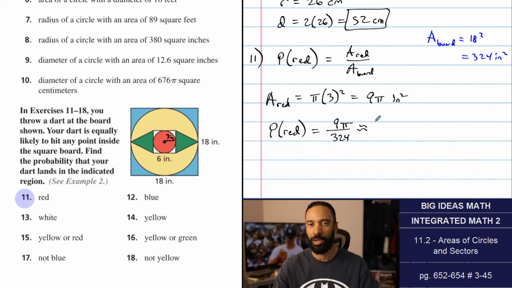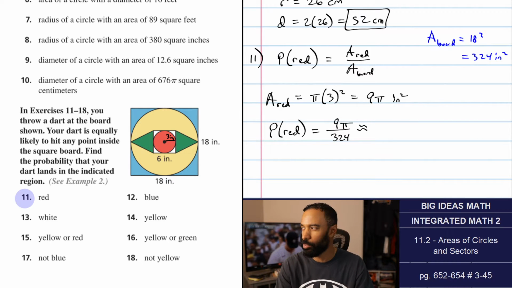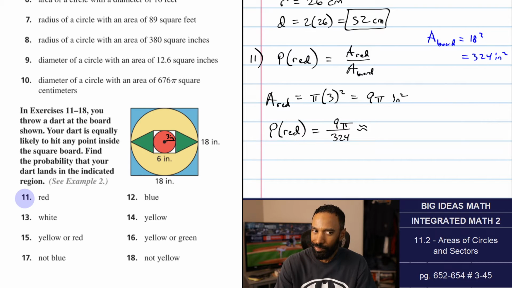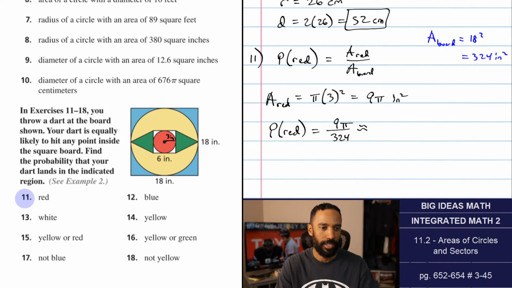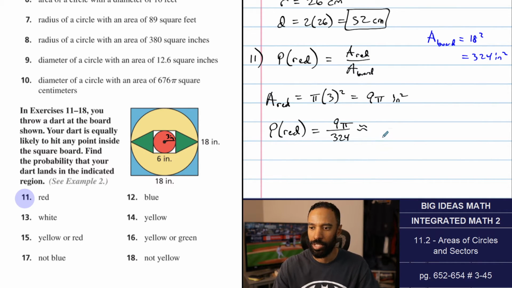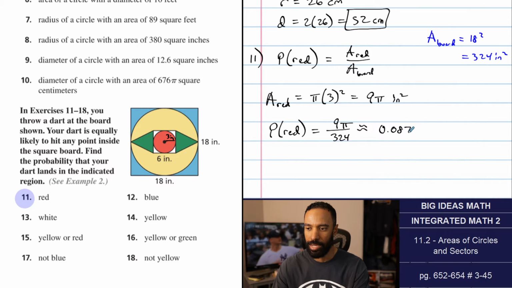It seems like they were using more decimal places in the lecture portion. I forget how many, like 5. I'll use those. And they didn't seem to be calling it a percentage after that. 9 pi divided by 324 is 0.08727.